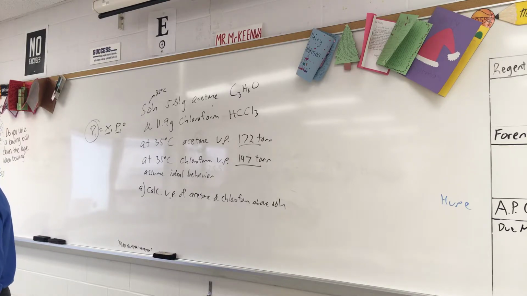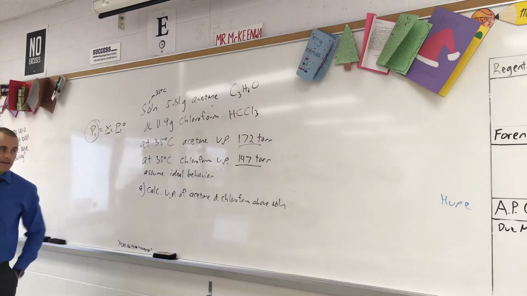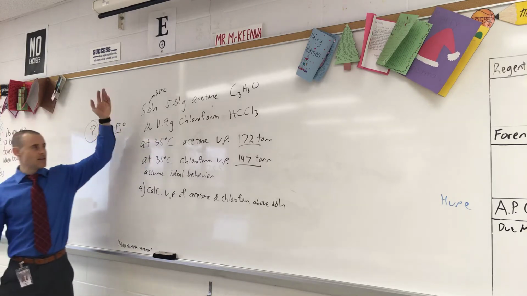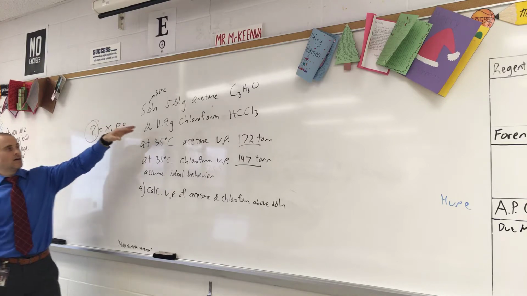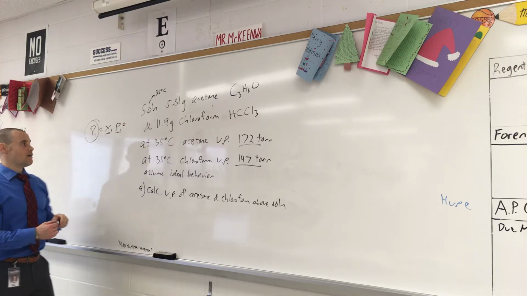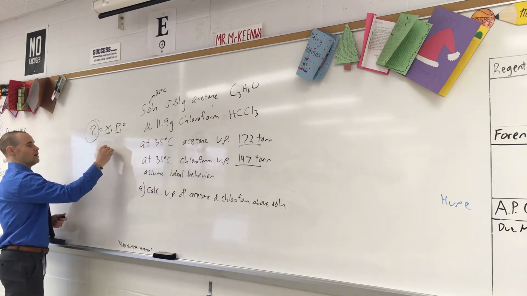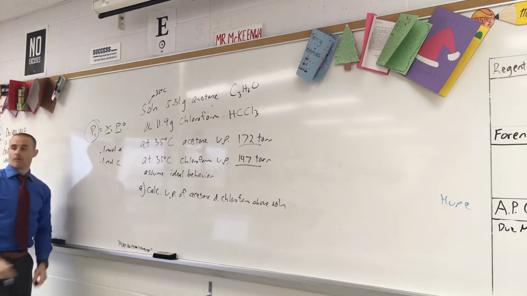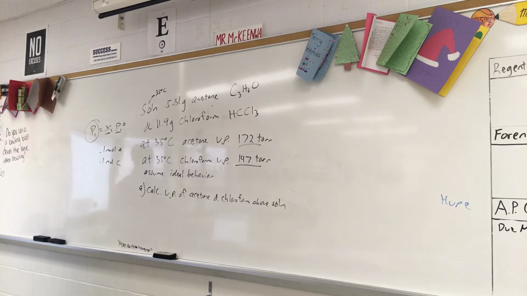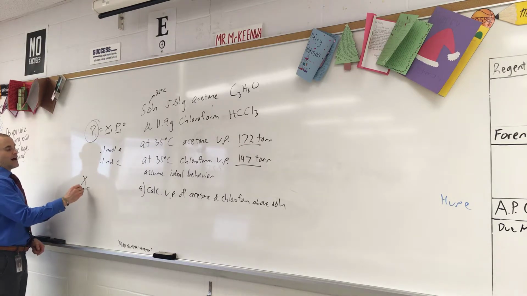So, I know I'm talking and going quick, but this is easy stuff. Everyone here can convert those to moles. If you can't do that, then something's wrong. So, you have 0.1 moles of the acetone and 0.1 moles of chloroform. You don't need to do the mole calculator or the mole fraction. You could, but what's it going to be? Okay, how do we get the mole fraction of acetone?